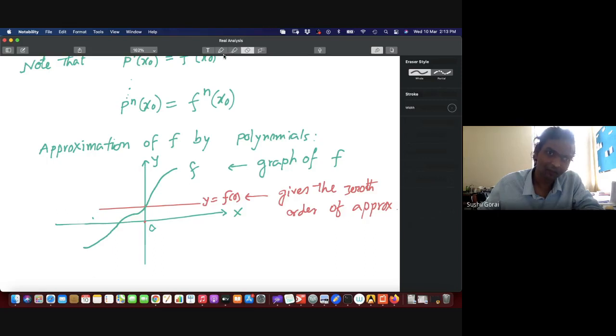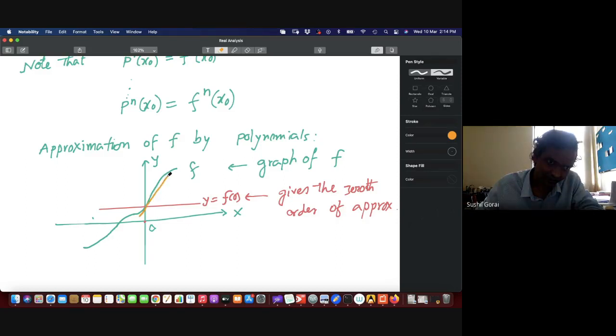This is how the polynomial P is defined, and that will be this line, y equal to f(0) plus f prime 0 times (x minus 0), which is x.